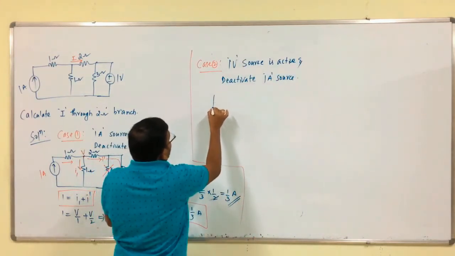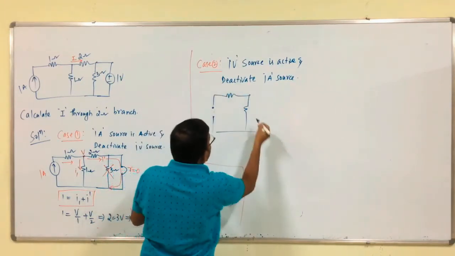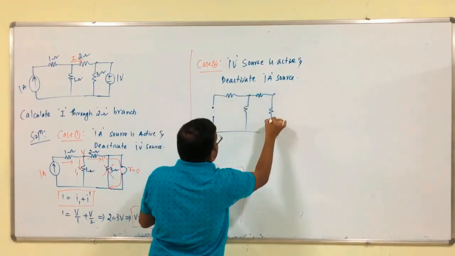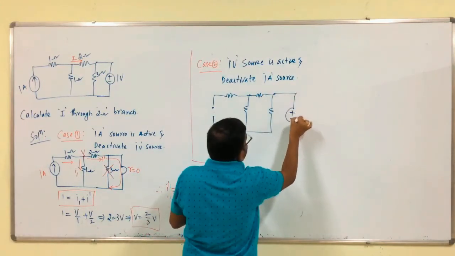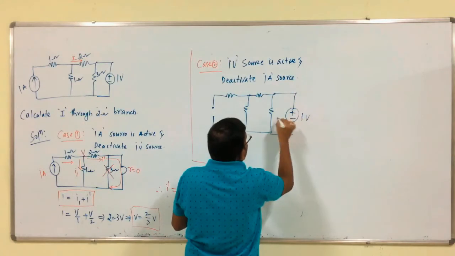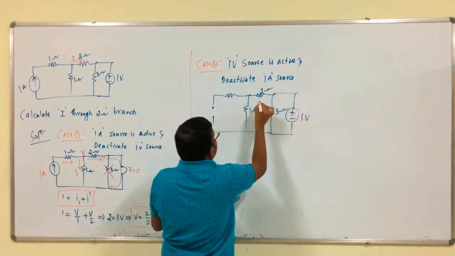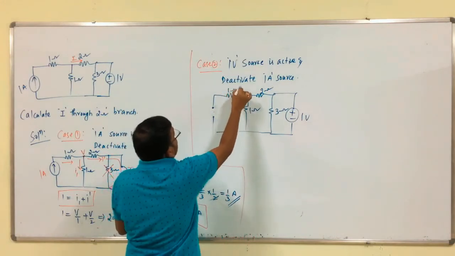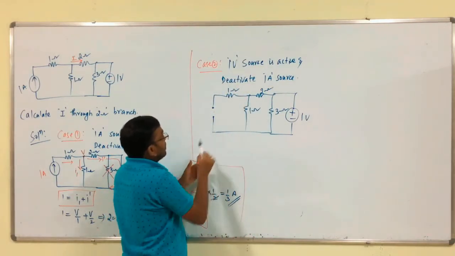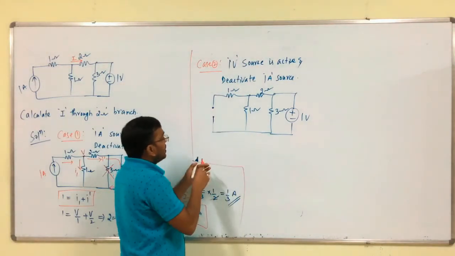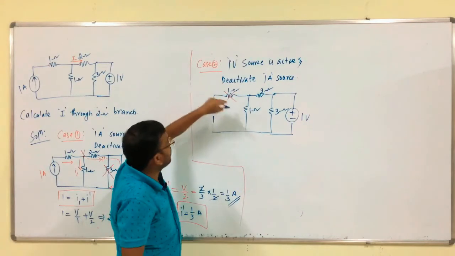Therefore, it is open circuited and we have the resistance branches, and this should be plus minus 1 volt. This is 3, this is 2, this is 1 and this is 1. Because of this open circuited condition, there is no current through this branch.